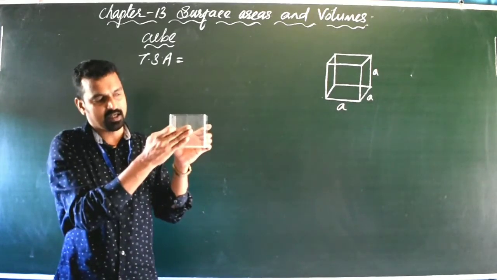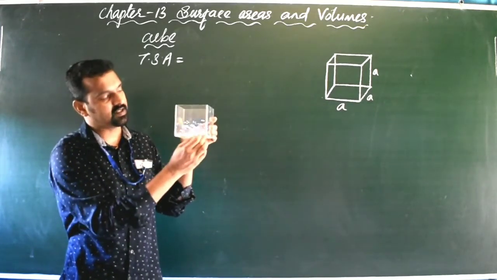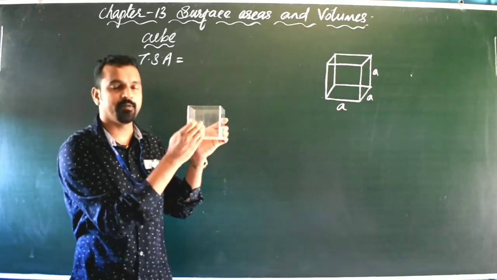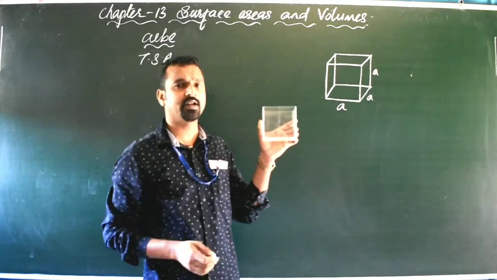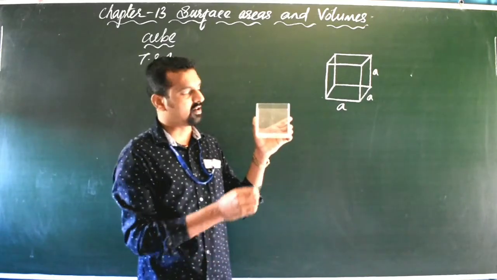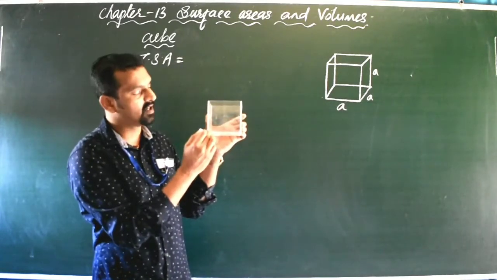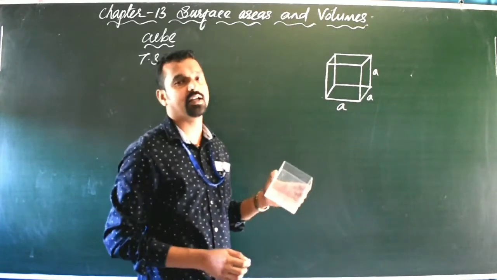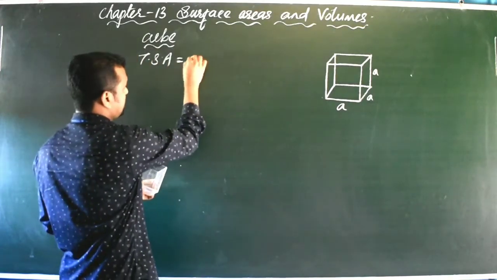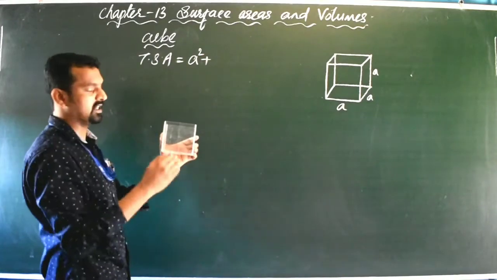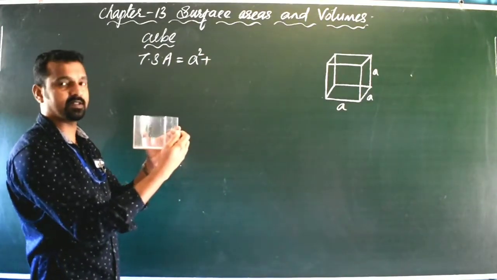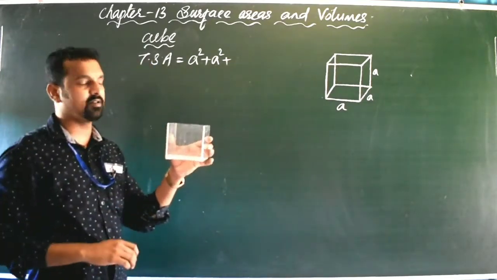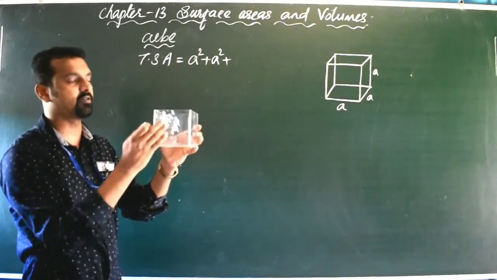Now tell me, what is the area of this face? I told you its edge is A. This one is A, this one A and this one also A. It is in the form of a square. The area of a square is equal to what? Side square. So the area of this face is A square. So total surface area is A square plus this face, A square, plus back face. All the faces' areas will be the same because the edges are the same and all the faces are squares.